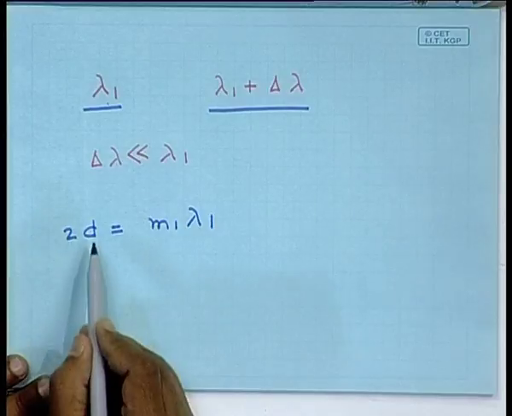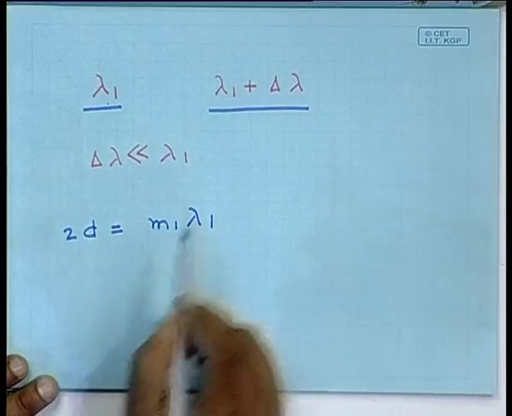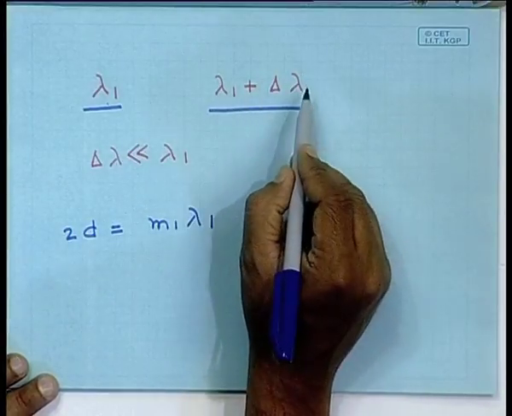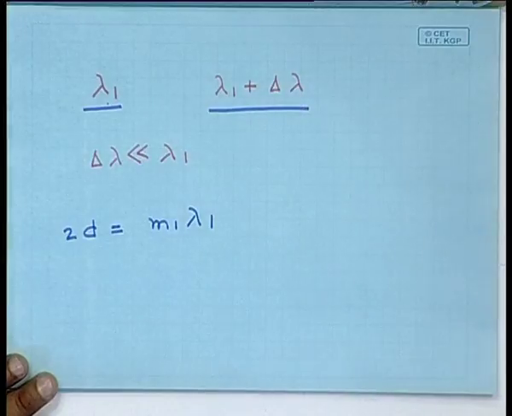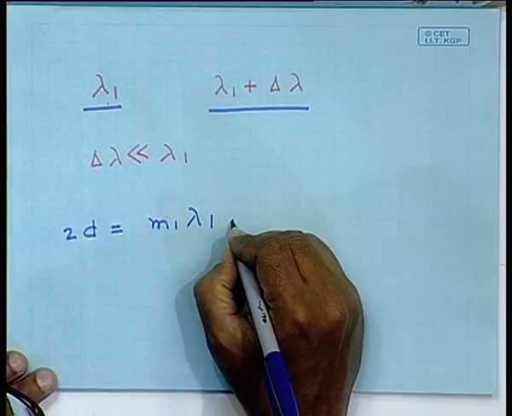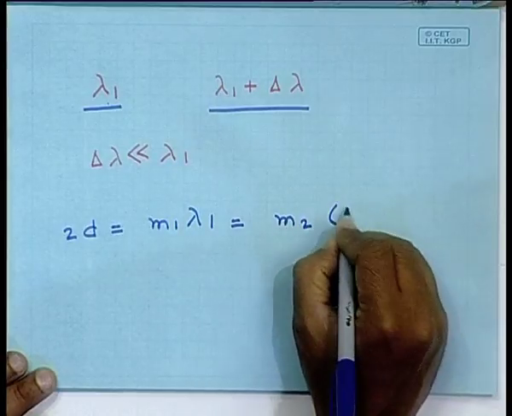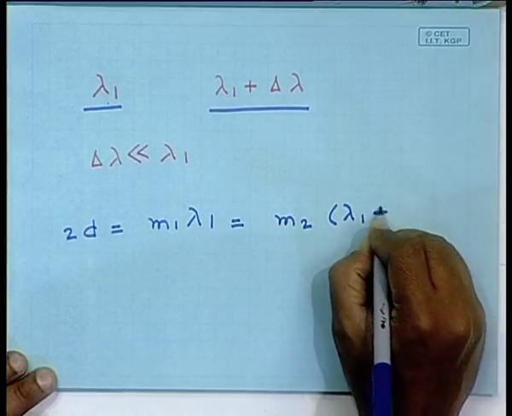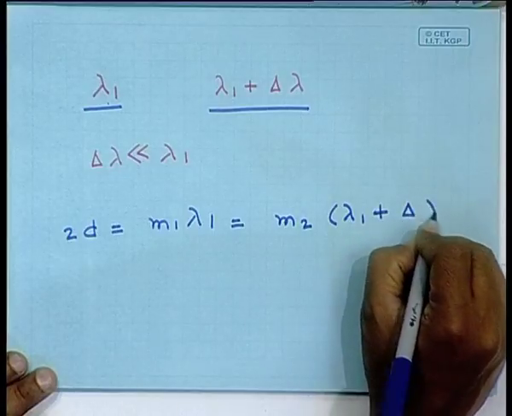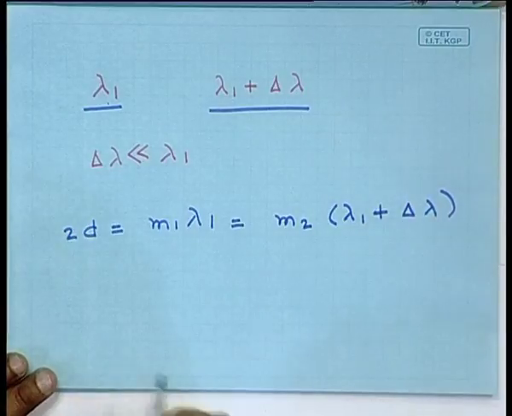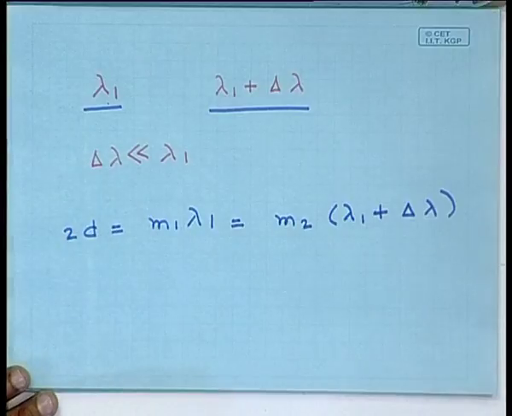Now, if I choose d in such a way so that the wavelength lambda 1 plus delta lambda also has a dark spot in the center, then there will be another integer m2 such that m2 into lambda 1 plus delta lambda, the other wavelength, is also equal to 2d.